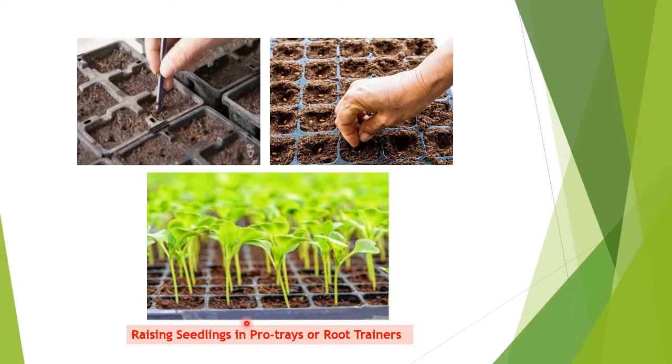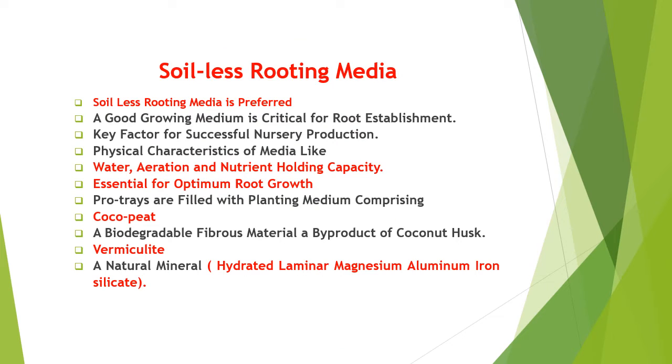So that means there is raising of seedlings before transplanting. It's done in nurseries using a soilless rooting medium, which is preferred. A good growing medium is critical for root establishment. It's a key factor for successful nursery production.